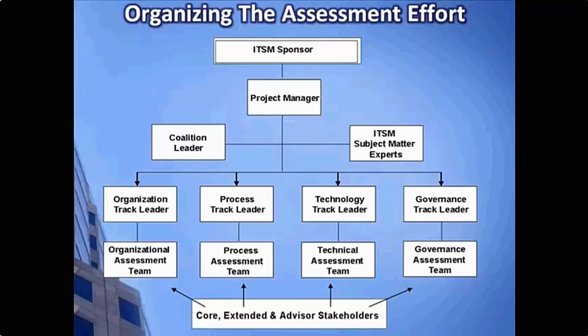The extended team, the advisor team, and the subject matter experts will participate by either answering the surveys, participating in workshops to provide information, but their role is basically to provide information to the core team as part of the assessment. The only other actions that they will take is once there are findings that come out of the assessment, those people, especially the extended team and the advisor team, will look at those outputs, those recommended initial wins, and help determine and prioritize what's most important.